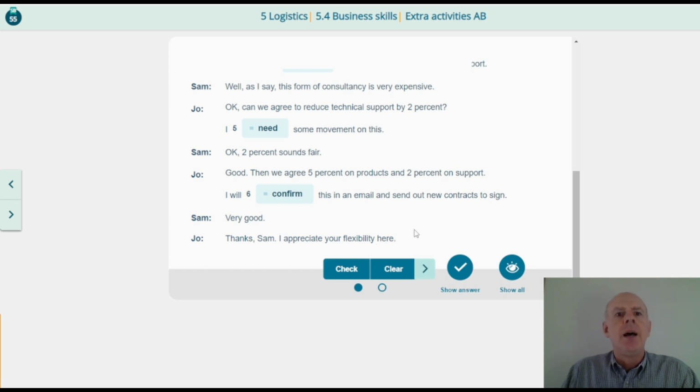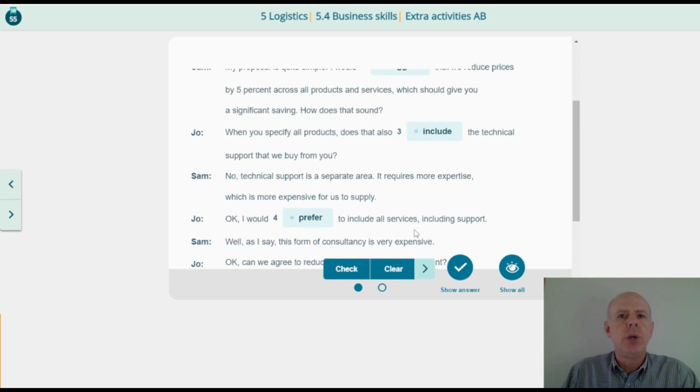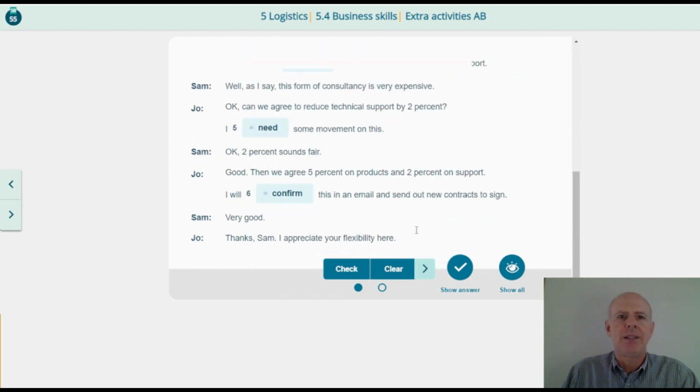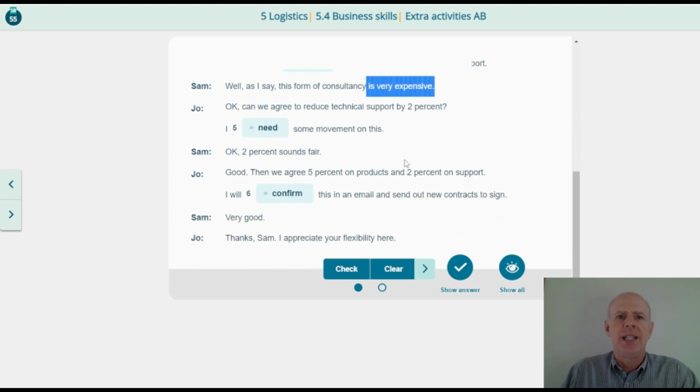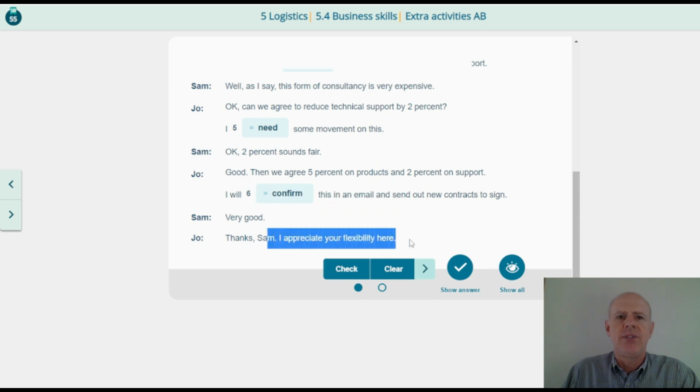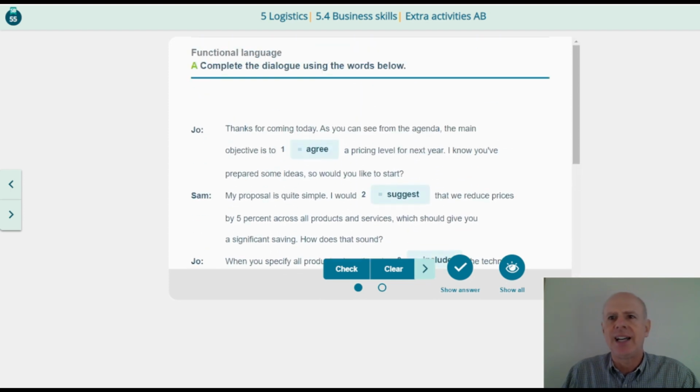So you see, basically all those steps were covered here. But there was a positive feedback and there was a negative feedback when it was too expensive. And then they review what was agreed, next steps, and then finishing in a positive mood. Very nice, right? Very nice dialogue.